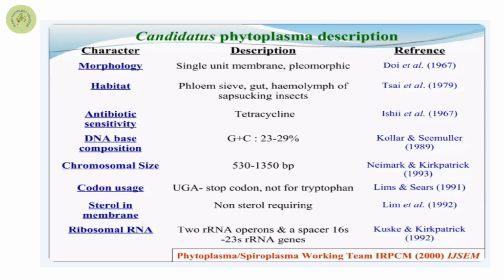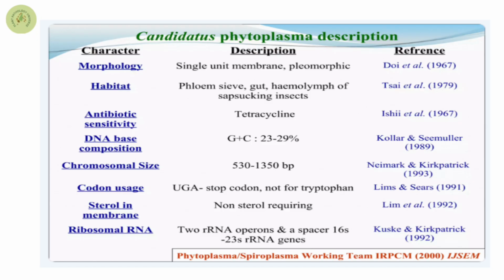Now as we know that since they do not have the cell wall, they are not sensitive to penicillin, because penicillin acts on the cell wall, but tetracycline, which acts on the ribosome, they are sensitive to that. That is also a major difference between bacteria and your spiroplasma and phytoplasma, that since bacteria have a rigid cell wall, that is a murein layer or a peptidoglycan layer, they are sensitive to penicillin equally to tetracycline, because penicillin will act on the cell wall composition.